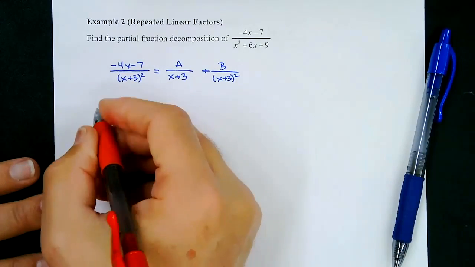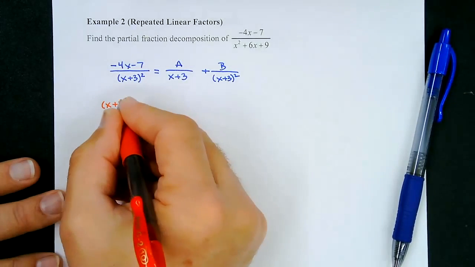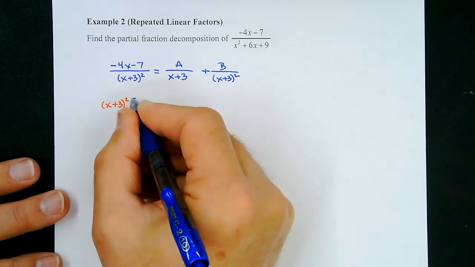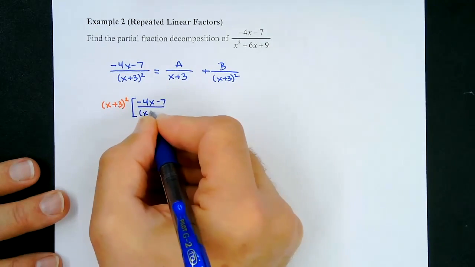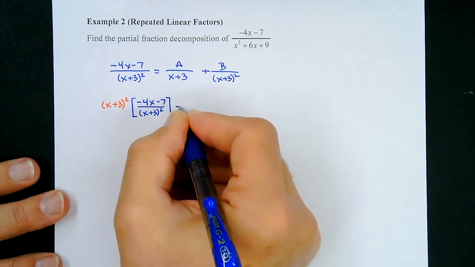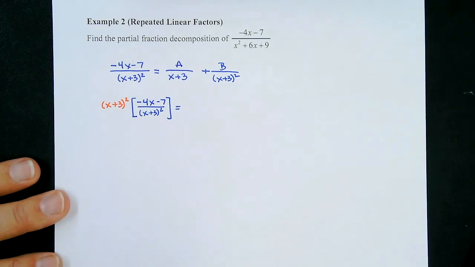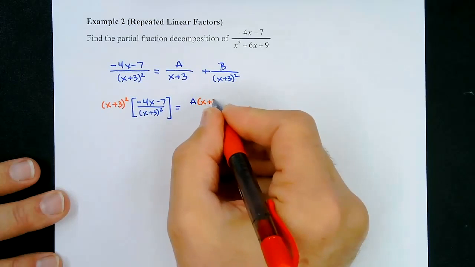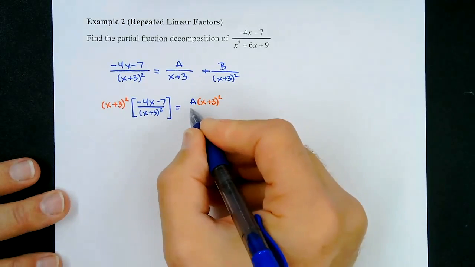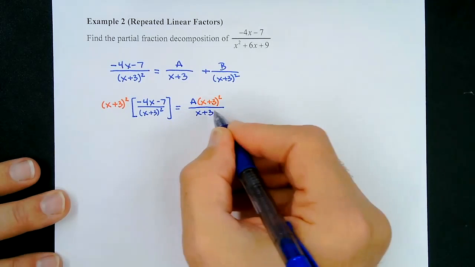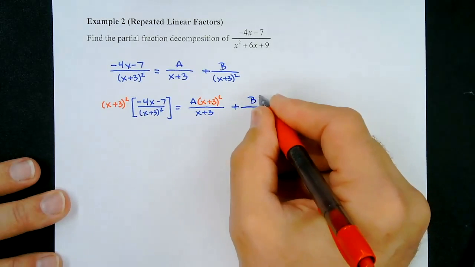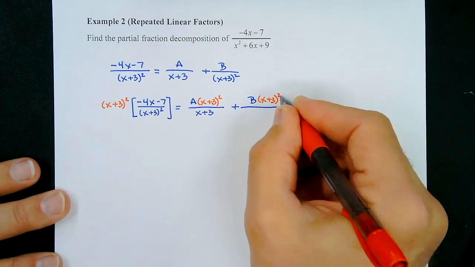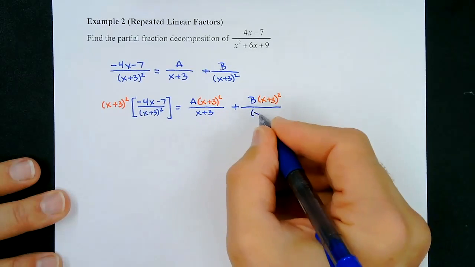So when I multiply this left-hand side by x plus 3 squared, we have -4x minus 7 over x plus 3 squared equals, okay, and then this first fraction would be a times x plus 3 squared over x plus 3, and then plus b times x plus 3 squared over x plus 3 squared.